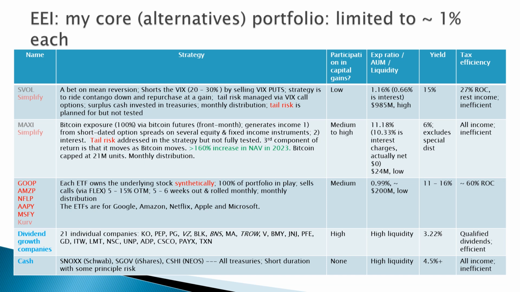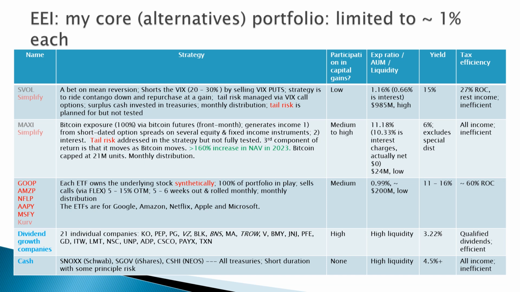In my view, the tail risk has been planned for, the strategy is very clear, and they spend money on it. But I don't know that it's been fully tested, because I've not seen ridiculously high VIX numbers since this product was put into the market.